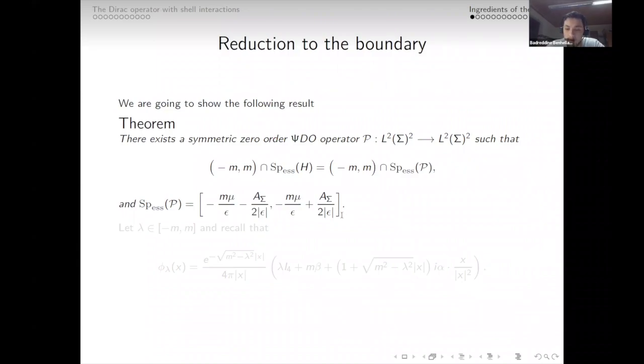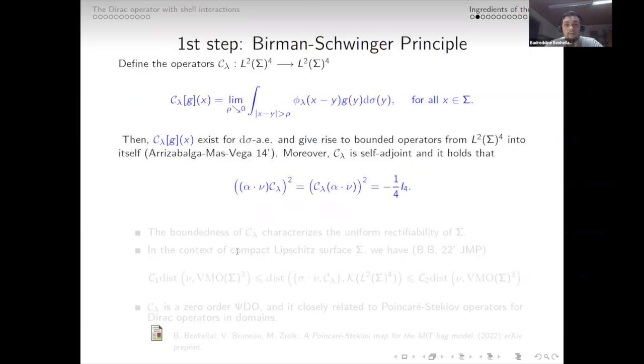Let me just recall the fundamental solution here for lambda between minus m and m. Let me present the first protagonist in this story.